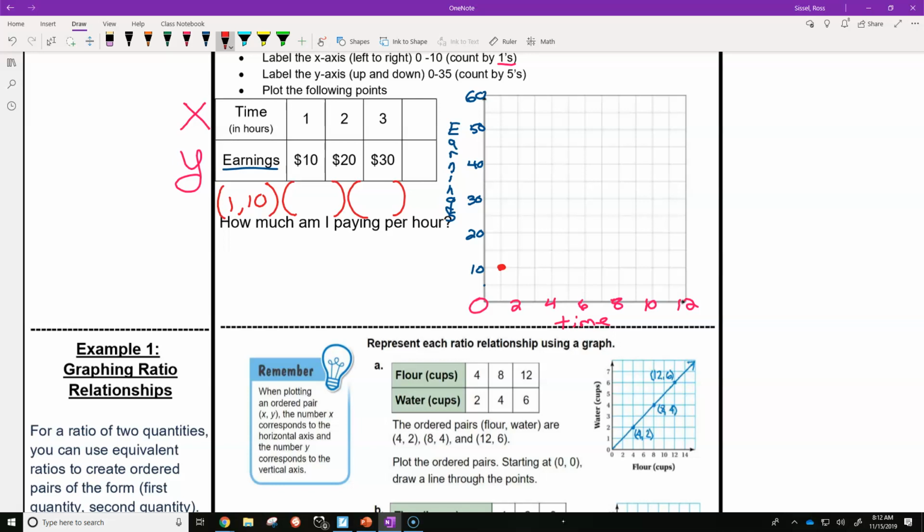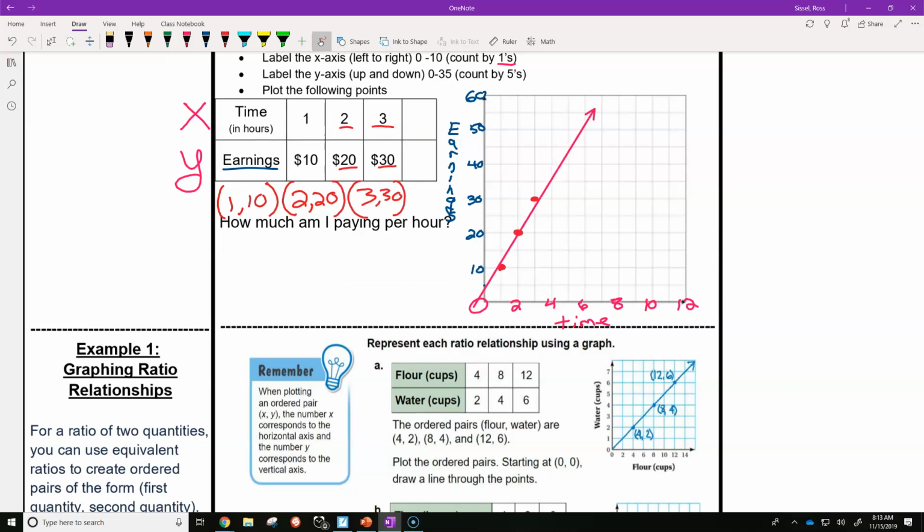Joseph? 2 to 20. Over 2, up 20. And then that makes my third one, obviously, 3 to 30. Over 3, 30.